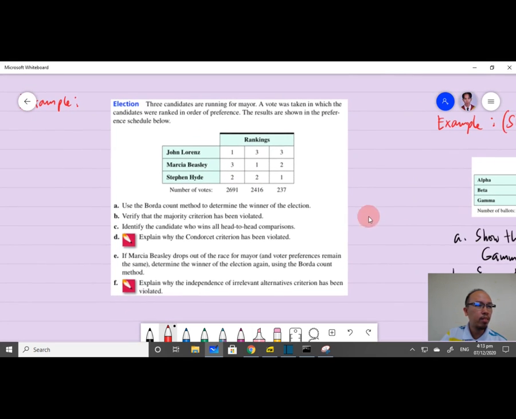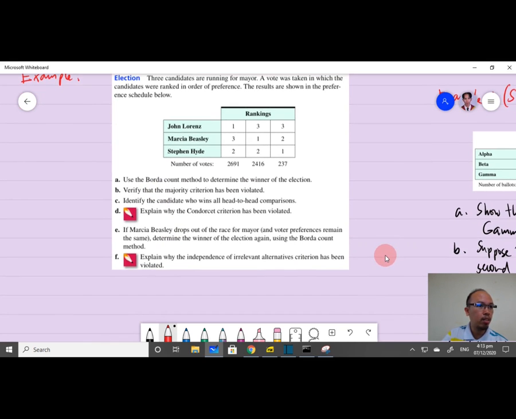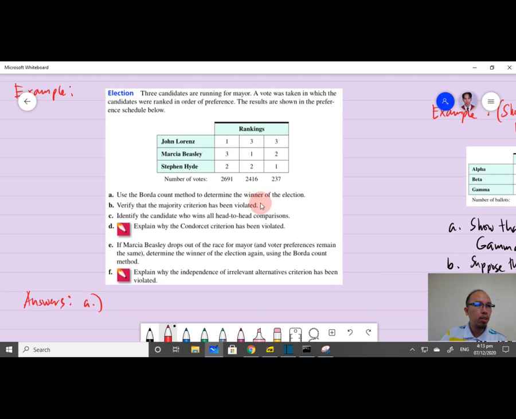So since here, I'm not going to solve this one. Okay, just do it at home, and then verify your answers. Let's try to put an answers here, which is different from solution. Letter A. Use the Borda count method to determine the winner of the election.